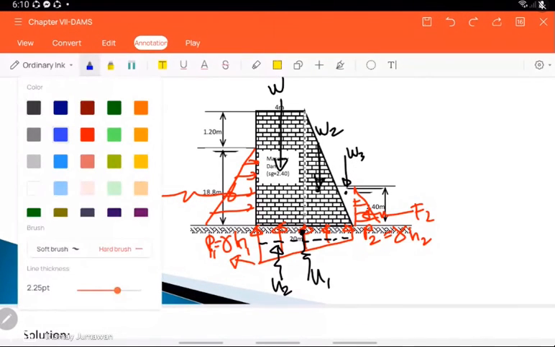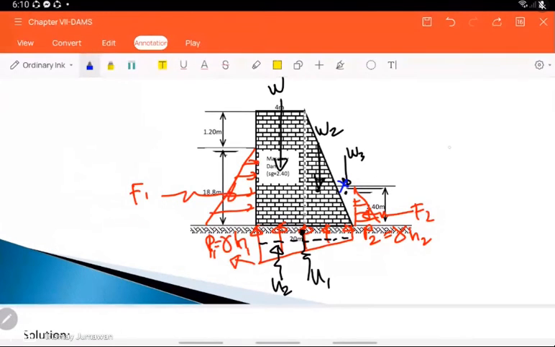So, we need to compute the value of this x. Whatever the x here, it is the same x there. So, you can solve this by ratio and proportion. So, this is your x. Whatever the x there, this is also the x.